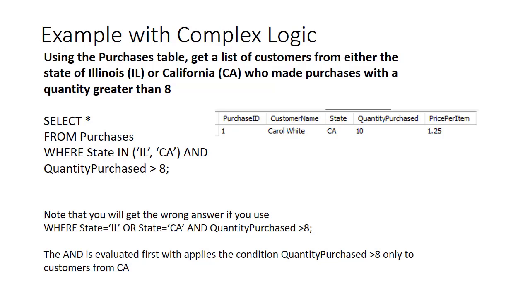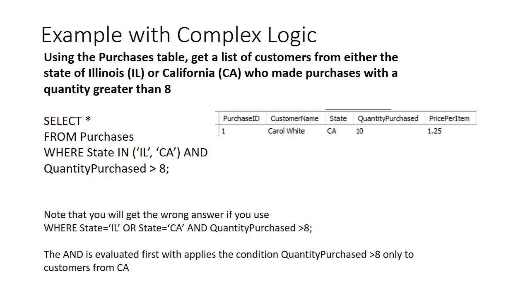You can try this out on your own, but you're going to get the wrong answer if you just wrote this out all as one statement without any parentheses, where state equals Illinois or state equals California and quantity purchased greater than 8. So the way this is going to be evaluated is that this and clause is going to be evaluated first. So you'll get state equals California and quantity purchased greater than 8.